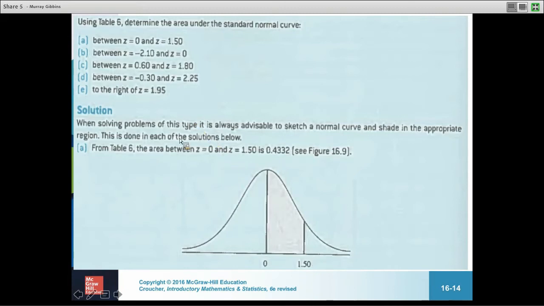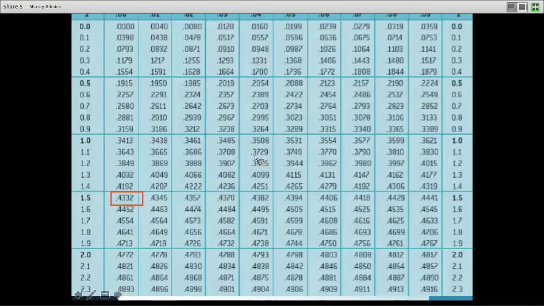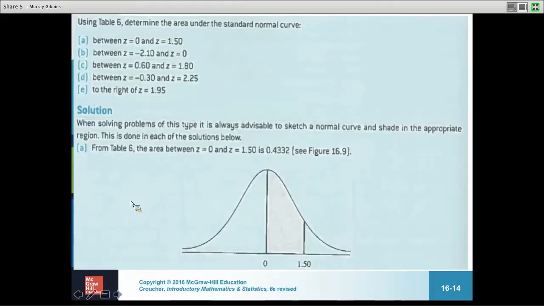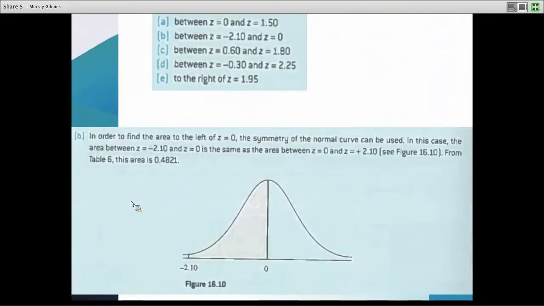And again, we would need, let's just see where we go, a Z score of 1.5. Let's have a look at what sort of area that might be. 1.5, 0.4332. Okay, what about a Z score of 2.1?